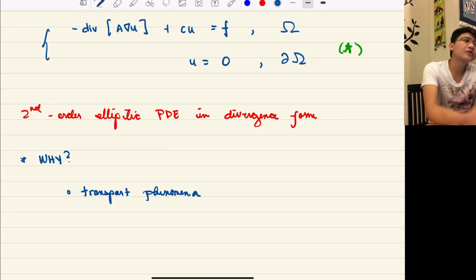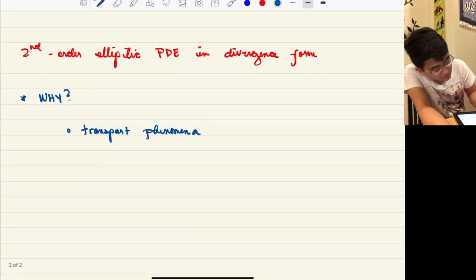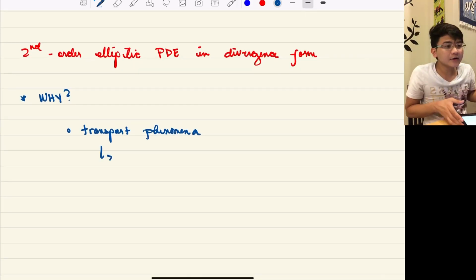Or you could look into, for example, some kind of reactor, and you're looking at mass transfer, like how some species A is being diffused or affected or consumed or produced in a reactor. So let's write that down here.